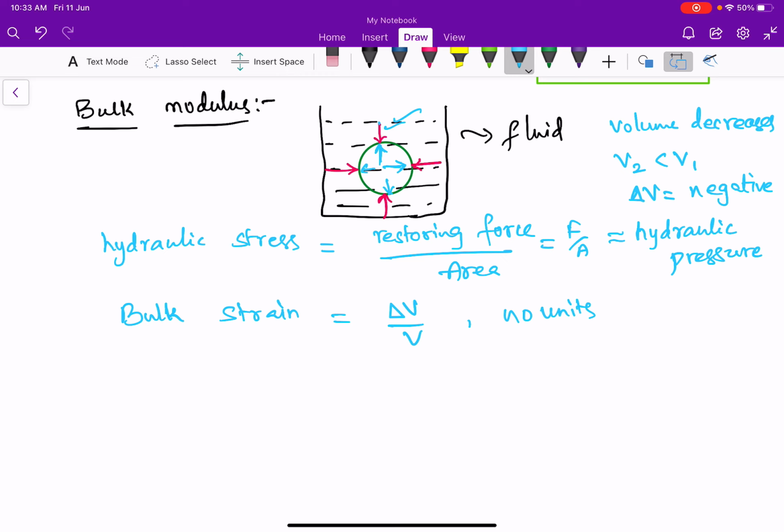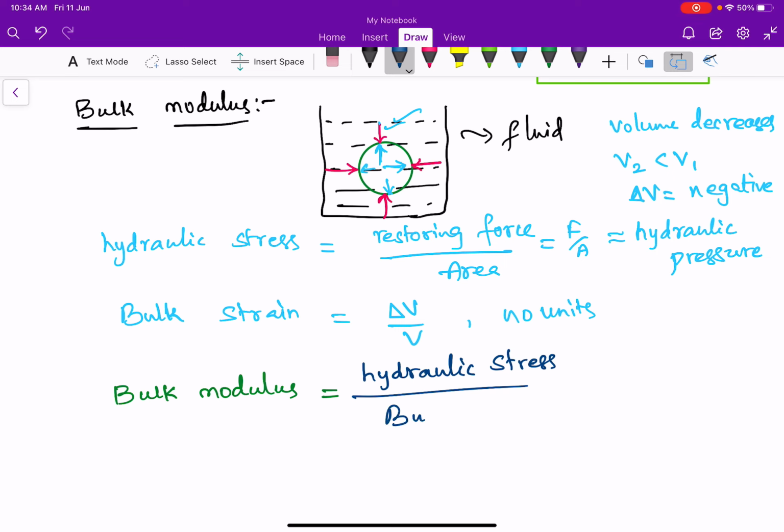Now I am defining bulk modulus. We know the elastic modulus is nothing but stress divided by strain. Now the bulk modulus is given by hydraulic stress divided by bulk strain.